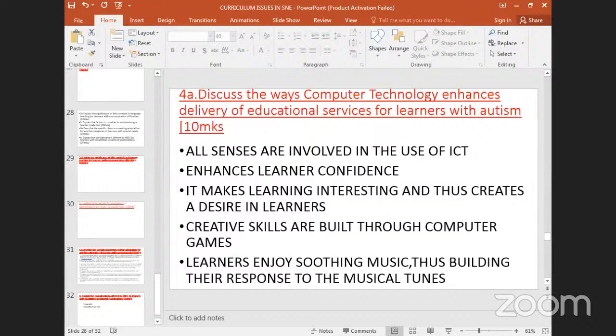They also express themselves through the communication bit of it, that is both the receptive and, which other one? We have receptive and expressive. Thank you very much.